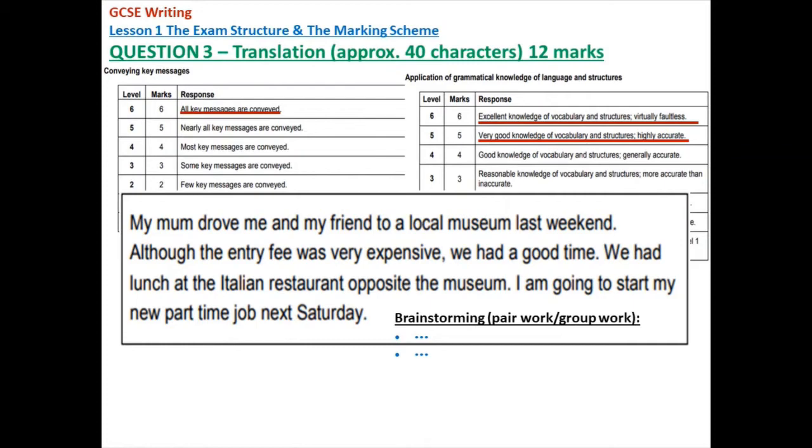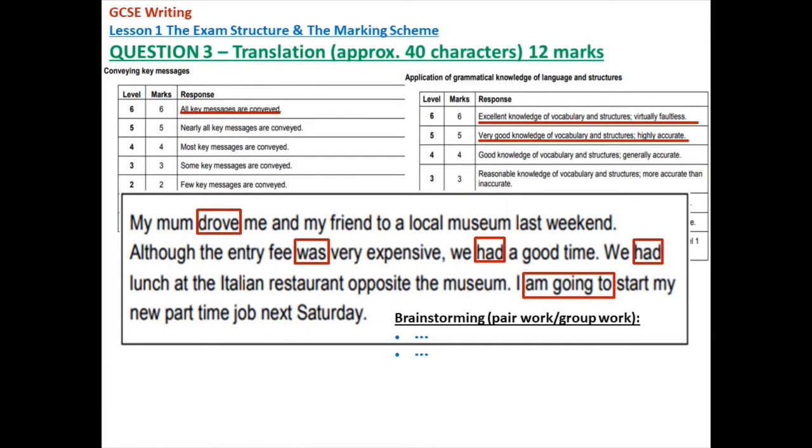So what you see from these 3.5 sentences is exactly the question you should ask your students, and students should do pair work or group work: what is this 12 marks testing you on? Okay, let's have a look. It's pretty straightforward here.